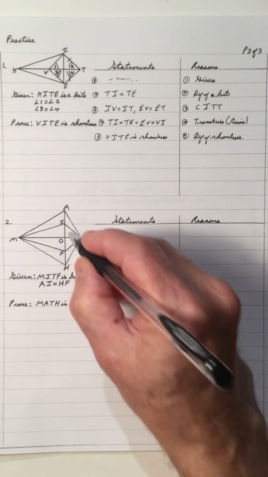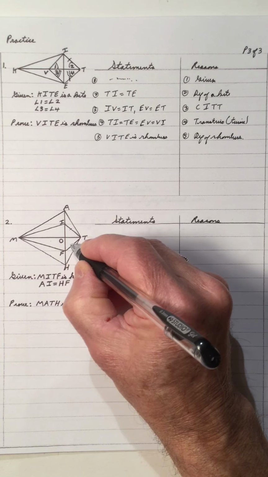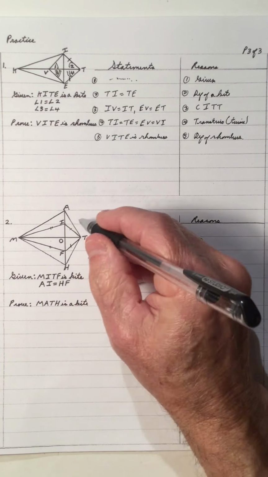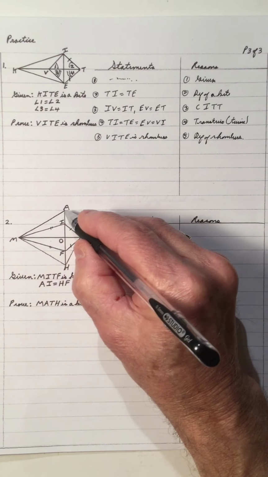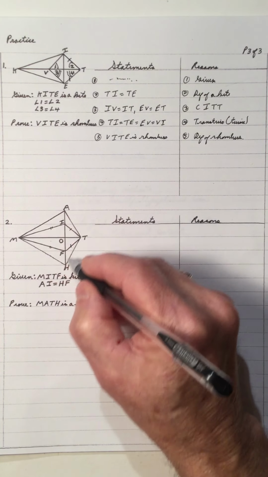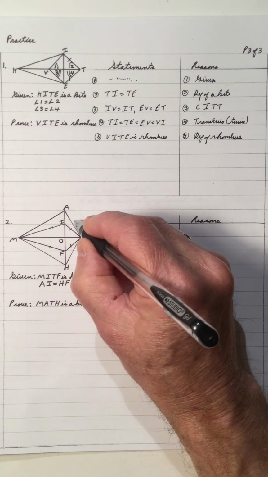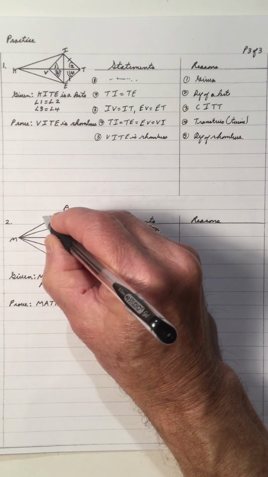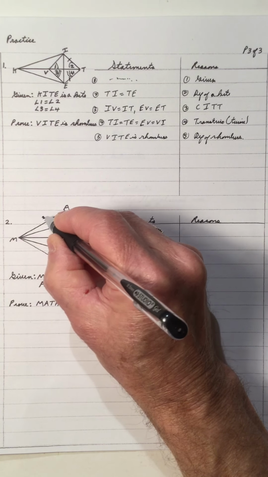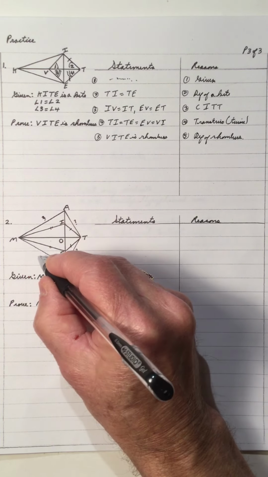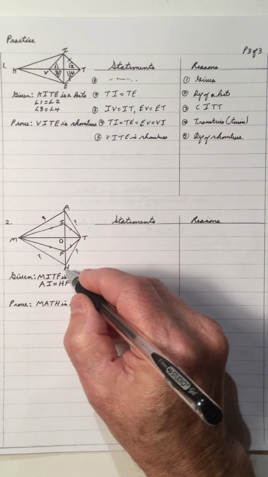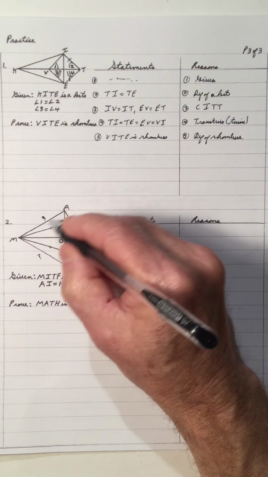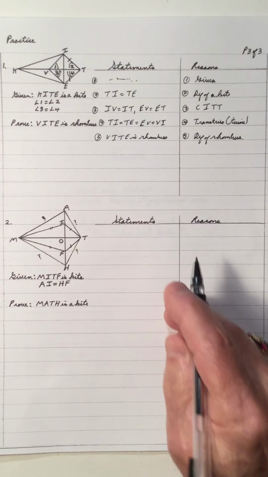So because we have a kite, then I have this side equals this side and this side equals this side in this kite. Now I need to prove, because MATH all the way around is a kite, that this side equals this side, and I also have to prove that this side, AM, equals HM. So I've got to get AT equals HT, and I've got to get MA equals MH.